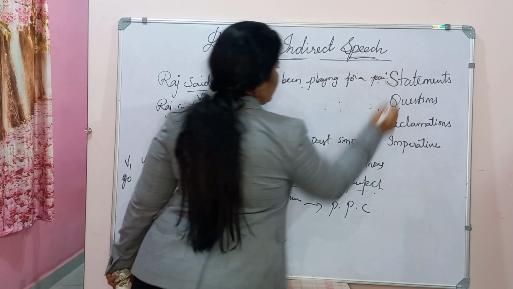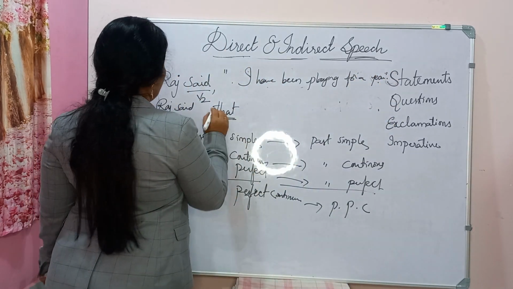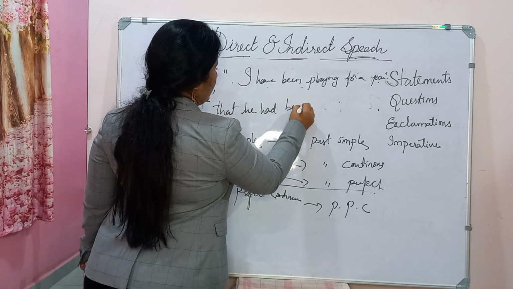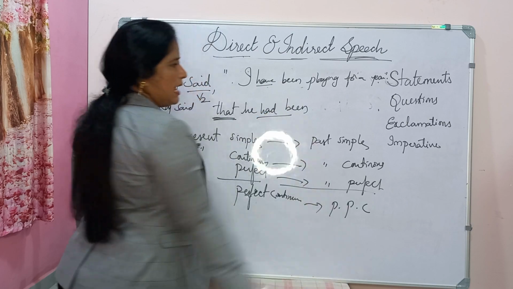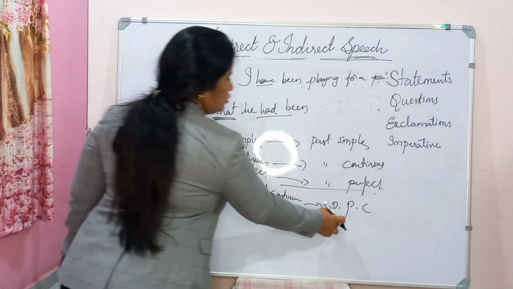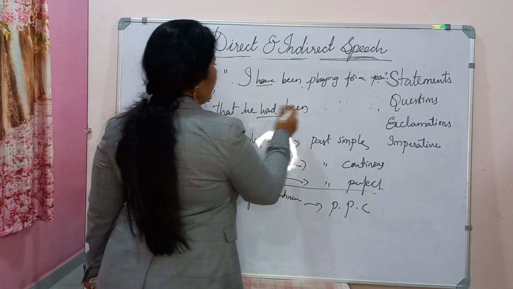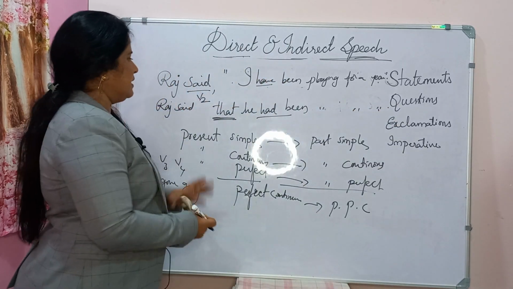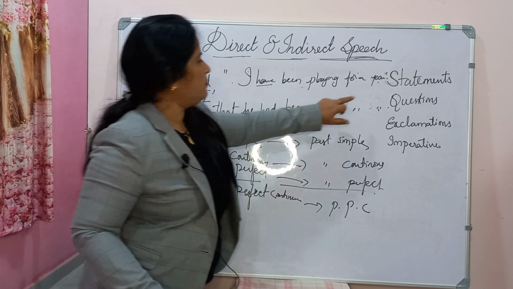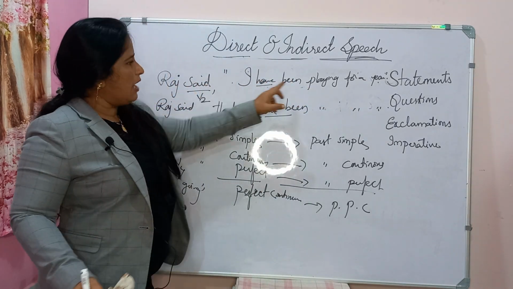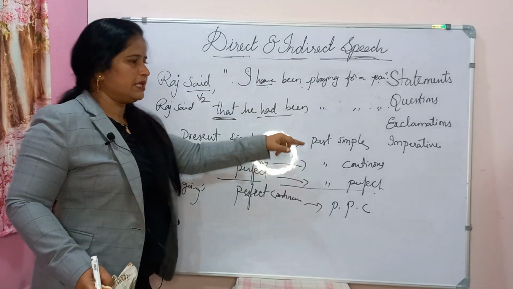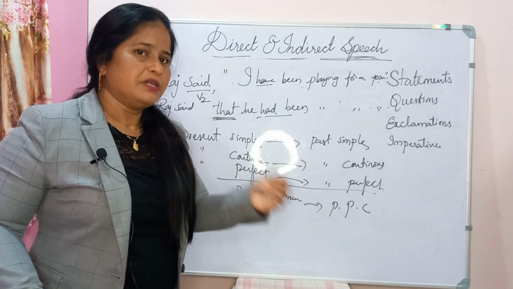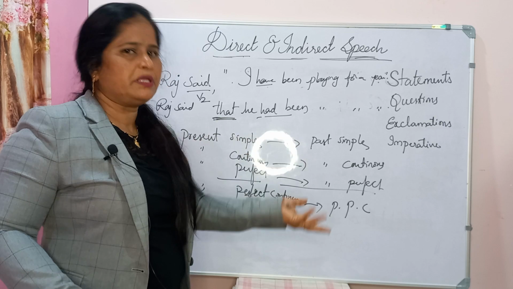So Raju said that he had been playing for a year. So have been changes into had been, present perfect continuous into past perfect continuous. See, the same meaning Raju conveyed has been kept. After that time passes, the tense changes.